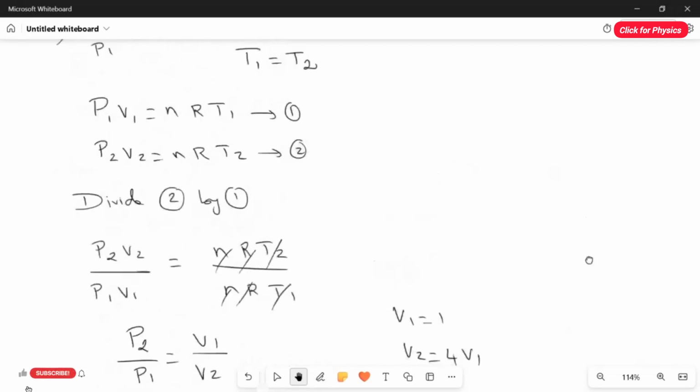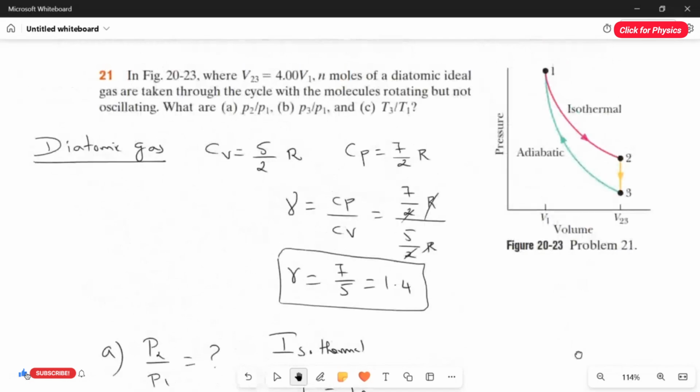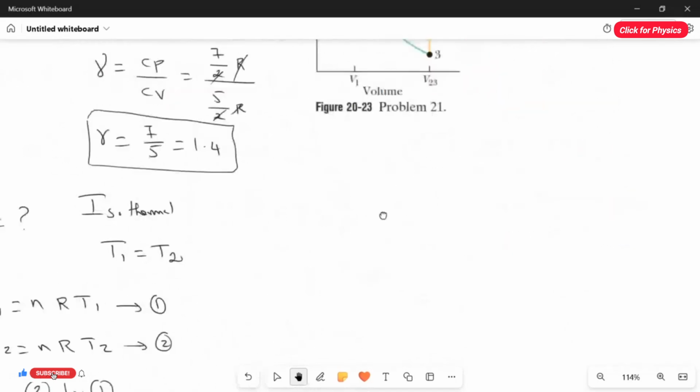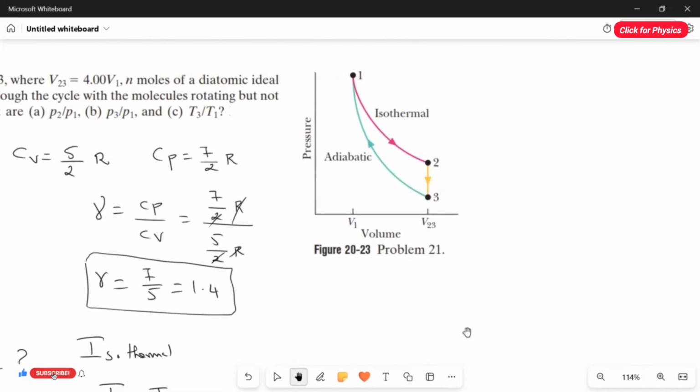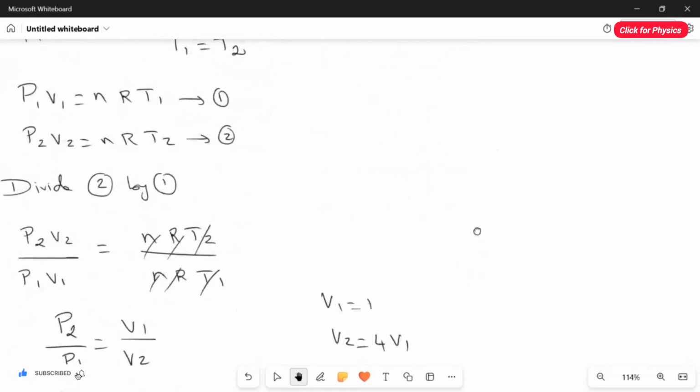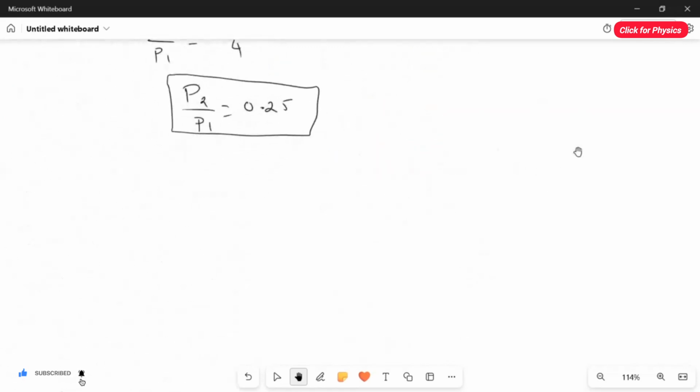In the second part, we have to find P3 over P1. You can see here P3 and P1 come from the adiabatic curve. So when we solve from point 3 to point 1, the pressure at point 3 and pressure at point 1, we have to use the relation between pressure and volume. So what is the relation between pressure and volume?